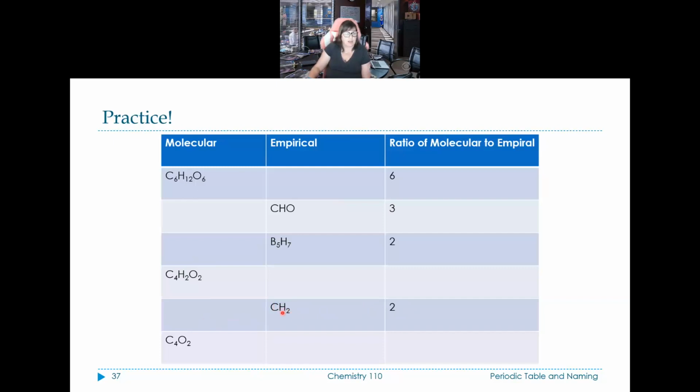So I multiply everything by 2. If I have C4O2, and I want my empirical formula for that, I divide everything by 2, so my ratio is 2. And my empirical formula, I apologize, is C2O. C2O. Okay? So that's that. Woohoo! That was awesome.